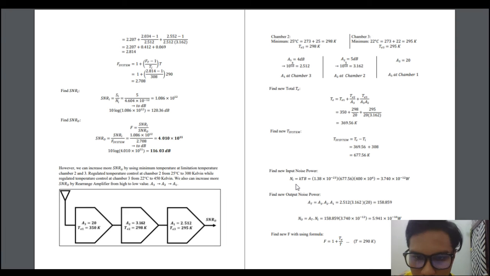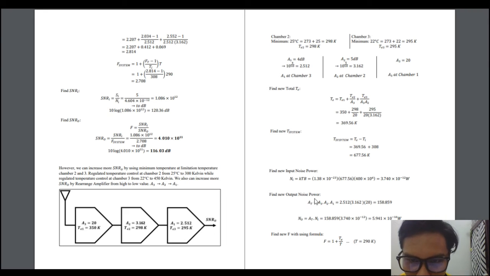Noise power is equal to KTB with the same value of K, multiplied by 677.56, which is the new T system, and the bandwidth is also the same, 400 multiplied by 10 to the power of 6. So we get the new input noise power 3.74 multiplied by 10 to the power of negative 12 watt.